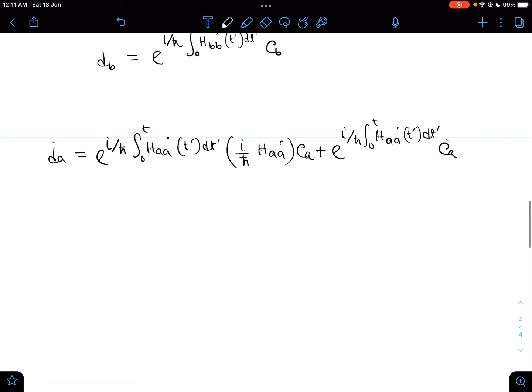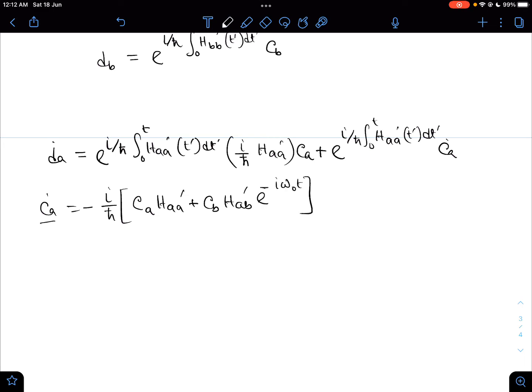So this is our d_A dot, but we know that C_A dot is minus i/ħ (C_A H_AA' plus C_B H_AB' e^{-iω0t}).